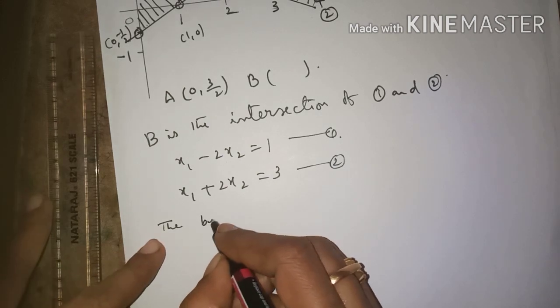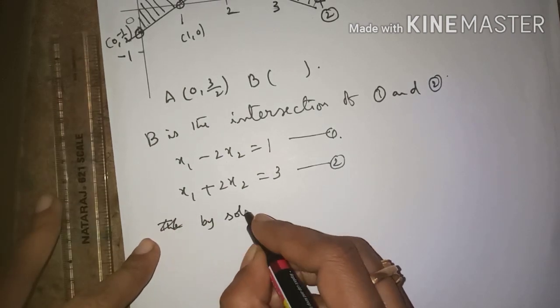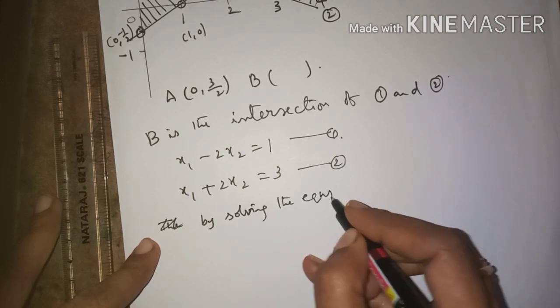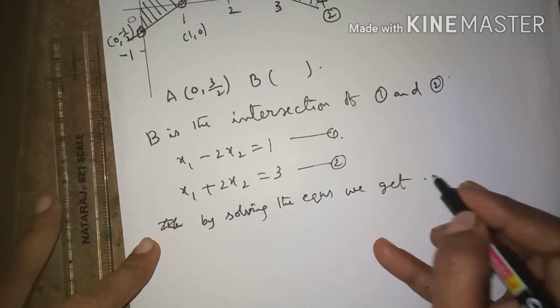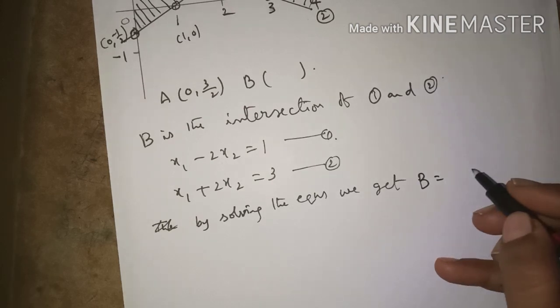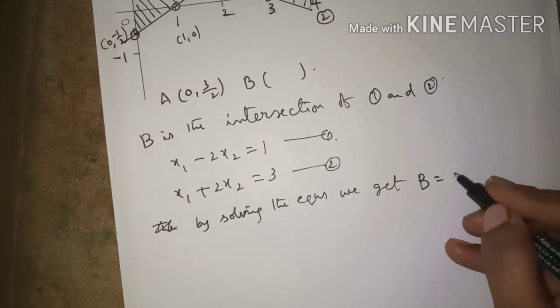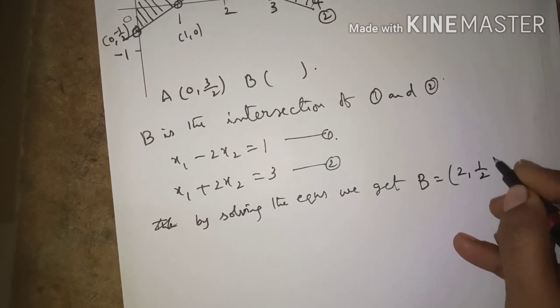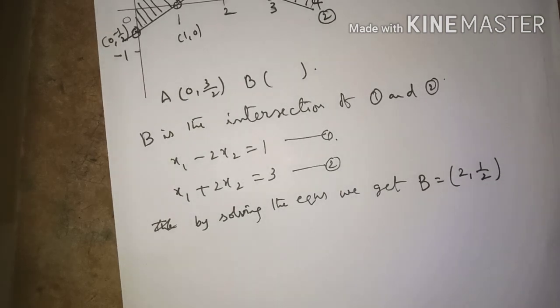By solving the equations, we get the intersection point B. We get B is equal to (2, 1 by 2).